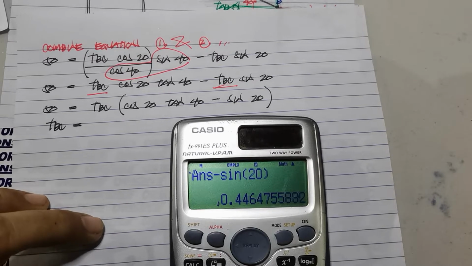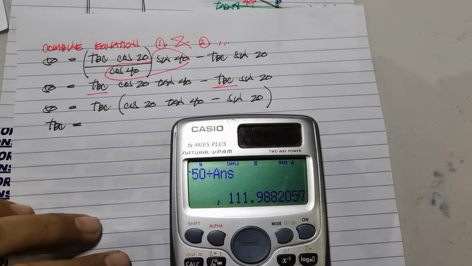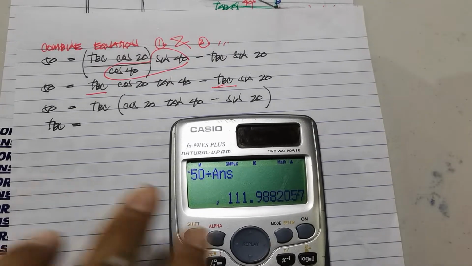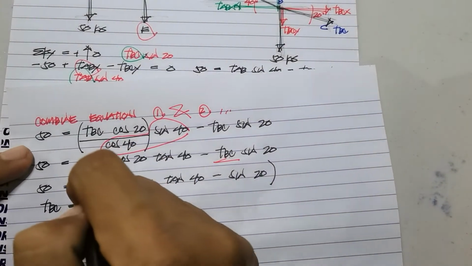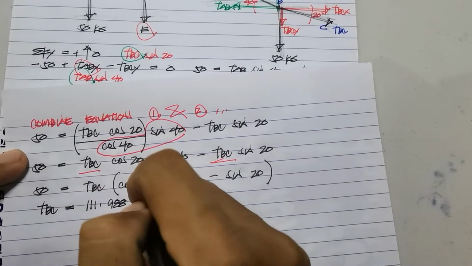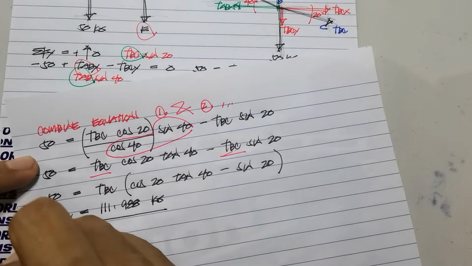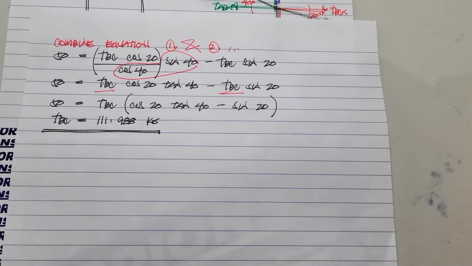So, ito yung denominator portion. Numerator portion, 50 divided by yung denominator portion. So, you have 111.988 kilogram. So, ito ngayon yung tension on the part of TBC.